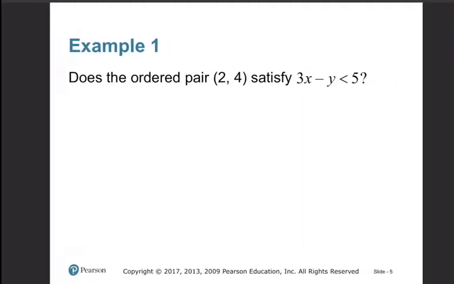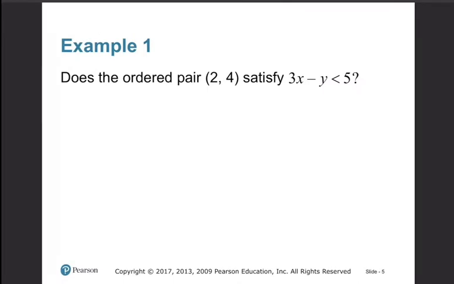So let's continue. Here it says, does the ordered pair (2, 4) satisfy 3x minus y is less than or equal to 5? That is really simple to determine. We're just trying to see if this statement is true. So how can we do this? Well, we know that the 2 represents the x and the 4 represents the y. Therefore, I have 3 times 2 minus 4 is less than or equal to 5.